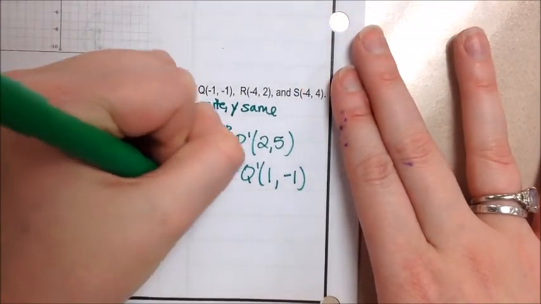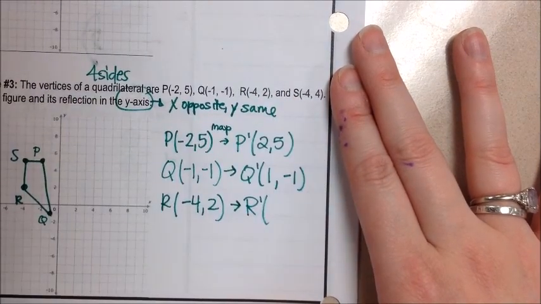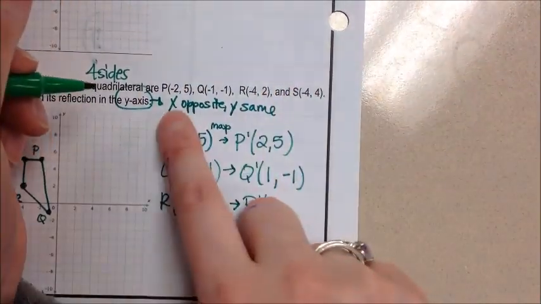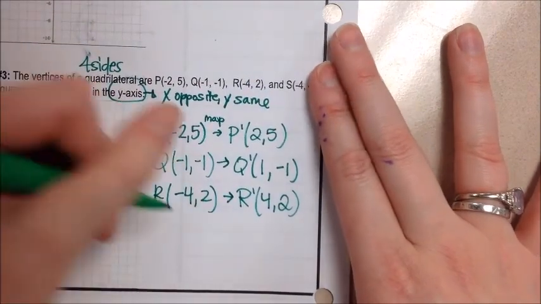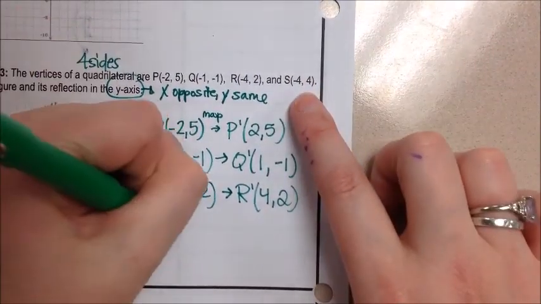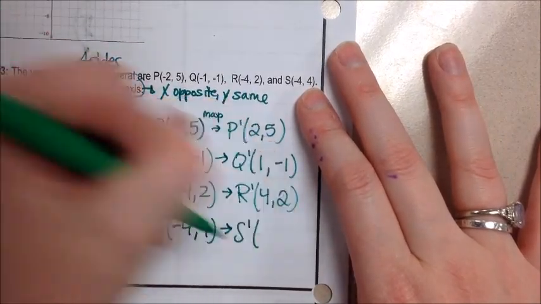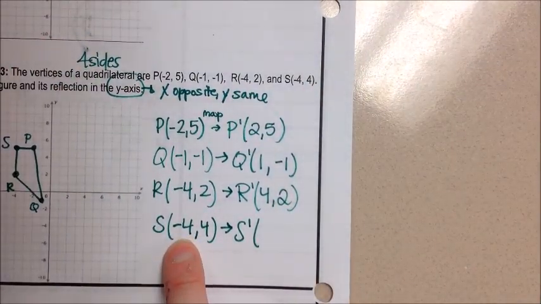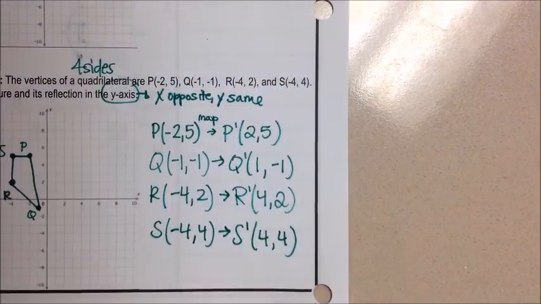R, which is at (-4, 2), maps to R prime, which is going to be the opposite of x, which is 4, and the y stays the same. And then S is (-4, 4), and that's going to map to S prime, where we take the opposite of -4, which is 4, and keep the y value.